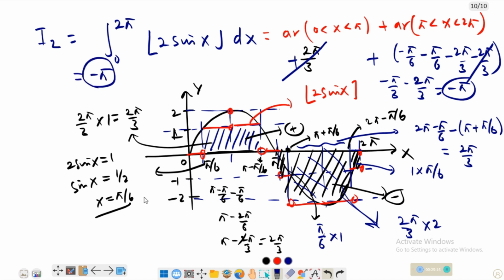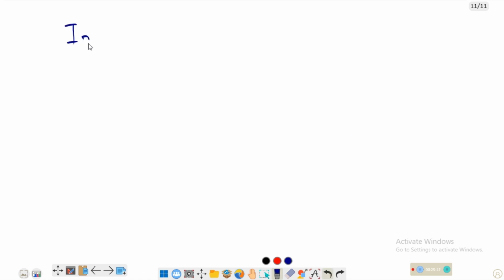Similarly, I3 is equal to minus pi, and so on. If we calculate Ik, this is also equal to minus pi, we assume.